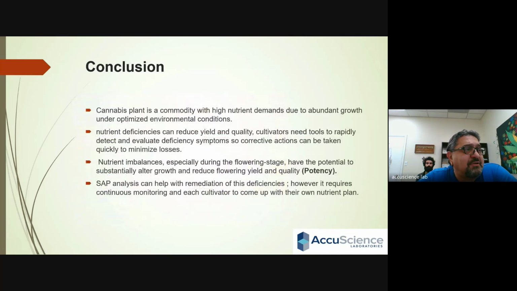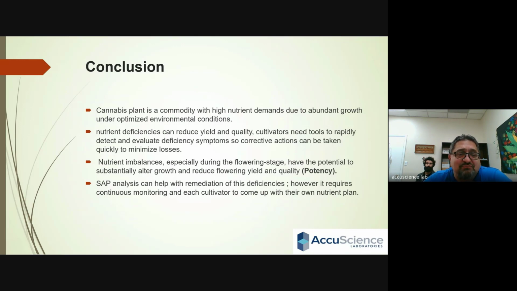So, as you know, the cannabis plant is a commodity with high nutrient demand, and abundant growth under optimized environmental conditions.